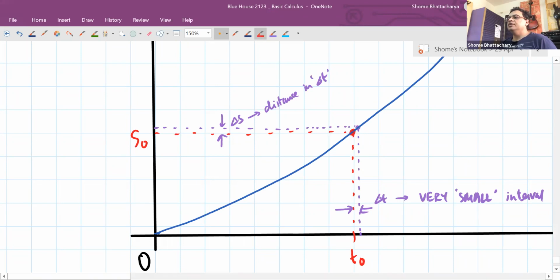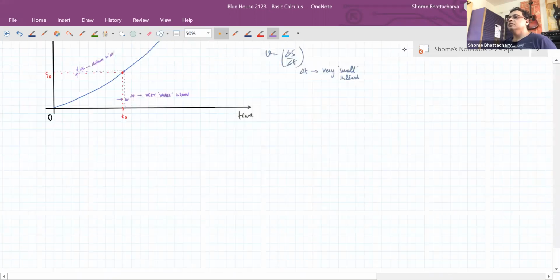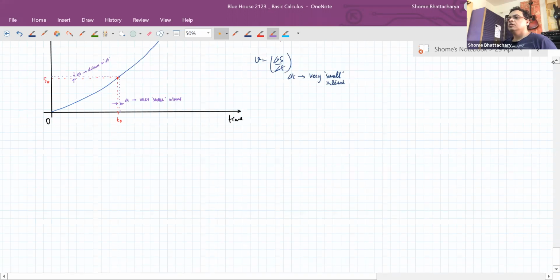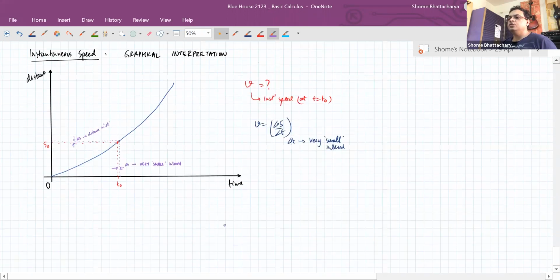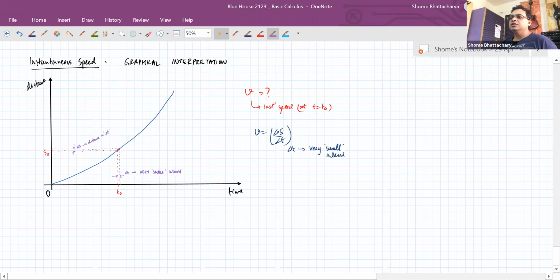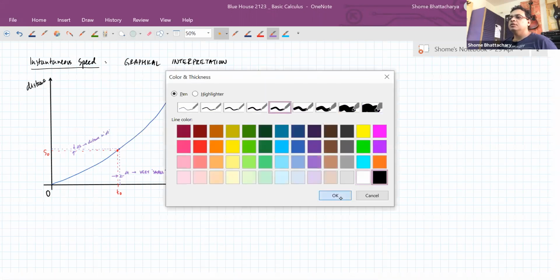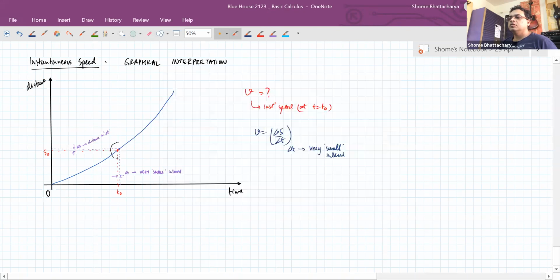So as per my definition of instantaneous speed, what it is equal to, it's a ratio of these two. So to understand the ratio of these two, what we will do is now we will draw a separate magnified diagram. We will magnify this.